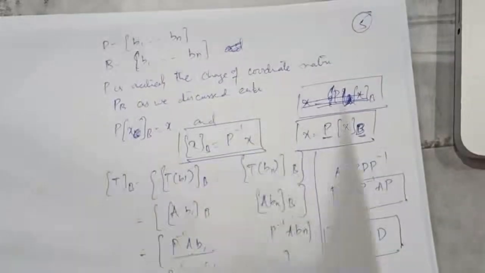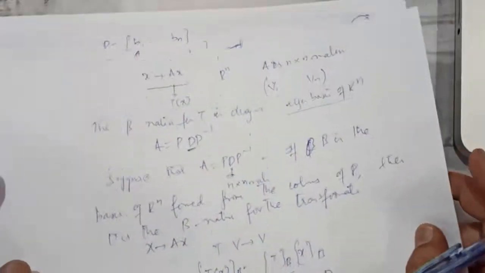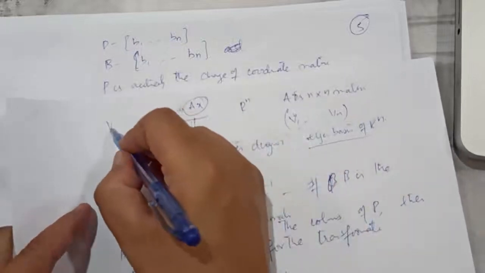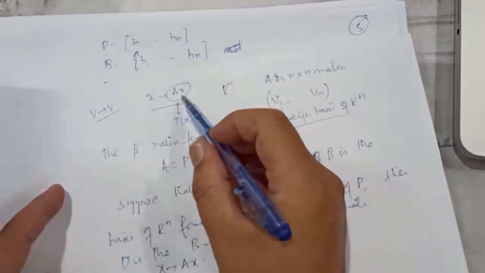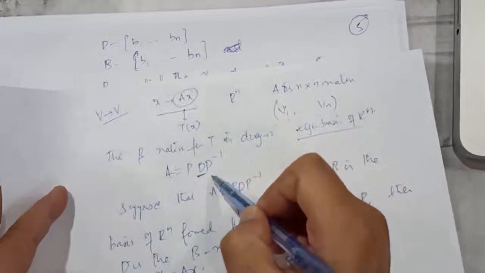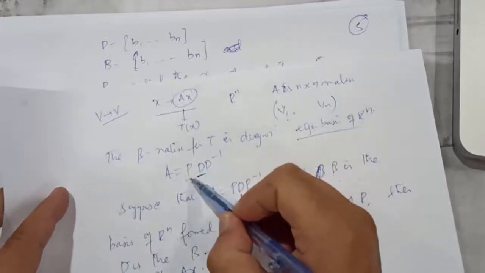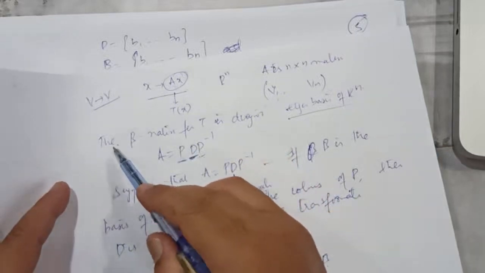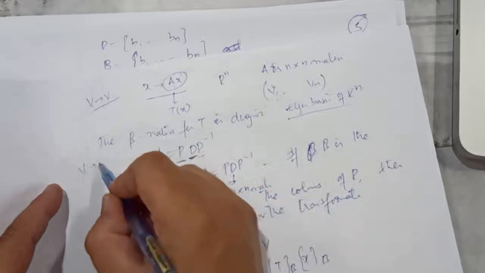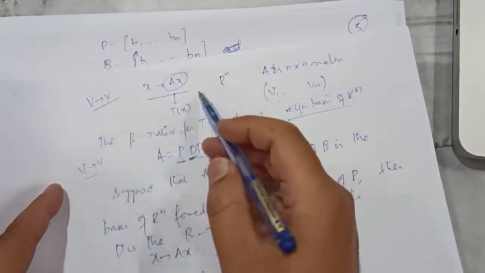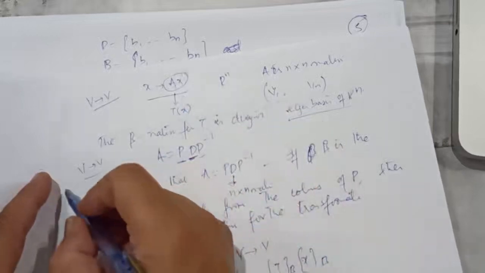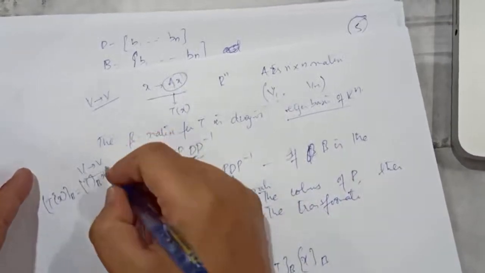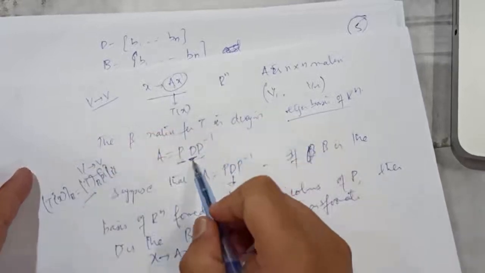What we are proposing now is that this transformation, x to Ax, is quite easy to find in the case when you are transforming from V to V. If you find a similarity transformation of A, which is P D P inverse, where P, D and P inverse are the three matrices, then, please listen carefully, in a V to V transformation given by a matrix A, we have to find this beta matrix, which is T of B. We say that the diagonal matrix is the beta matrix.